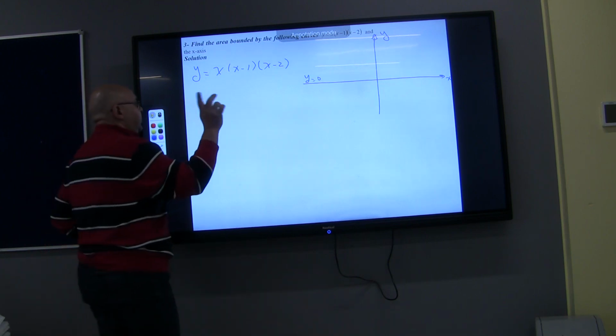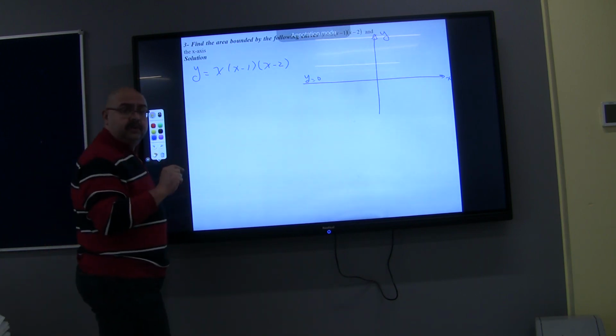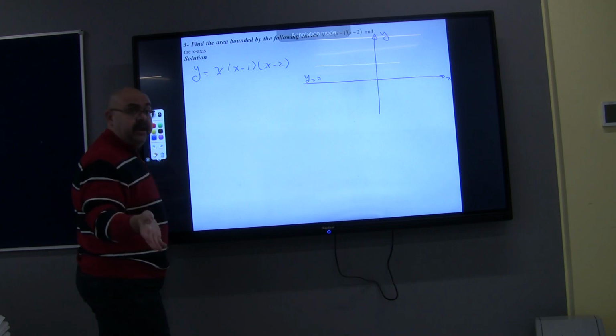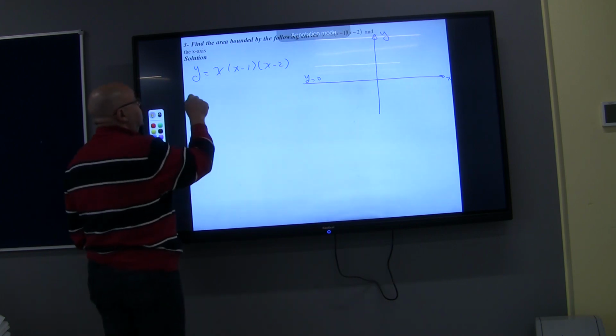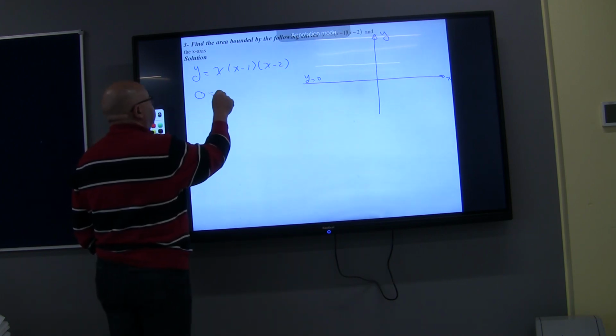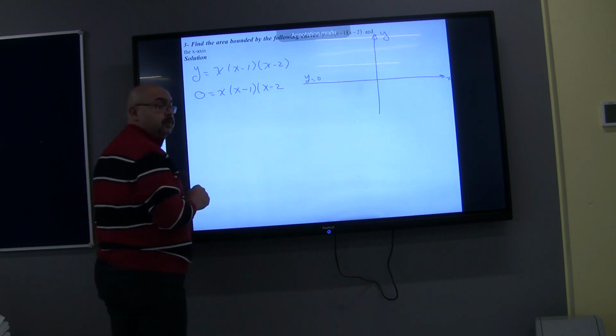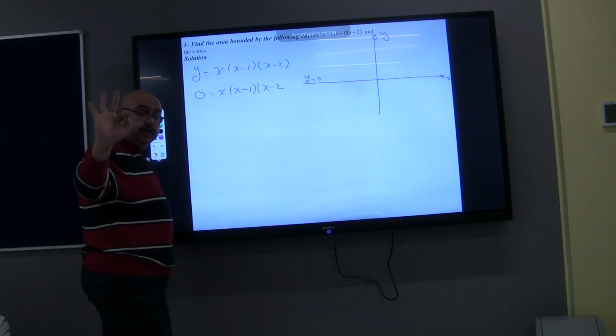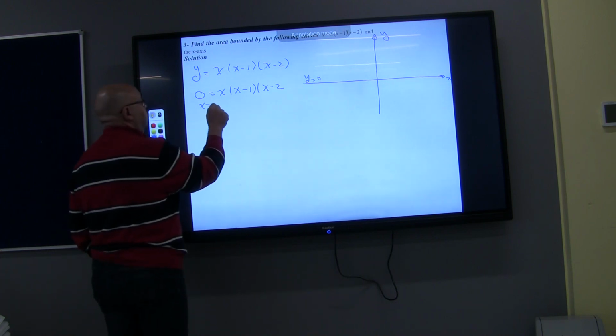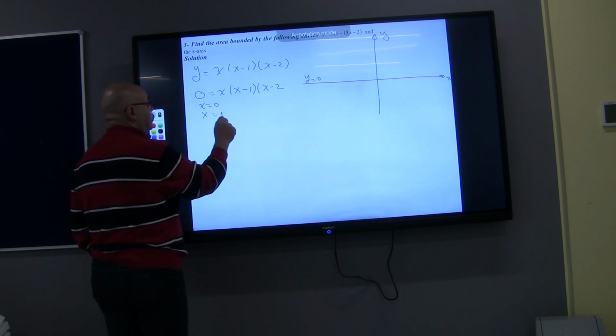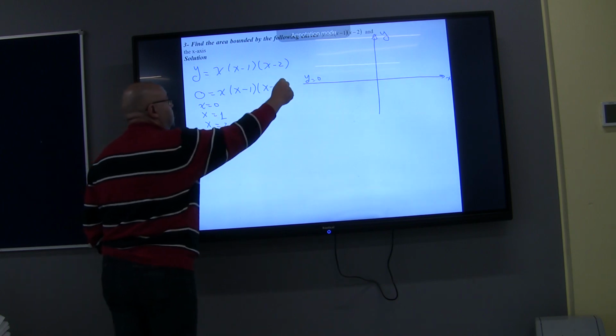Find first the points of contact, I'm sorry, the x intercepts. So I put y, which is x times x minus 1 times x minus 2, equal to zero. This gives 3 roots: x equals 0, x equals positive 1, or x equals positive 2.